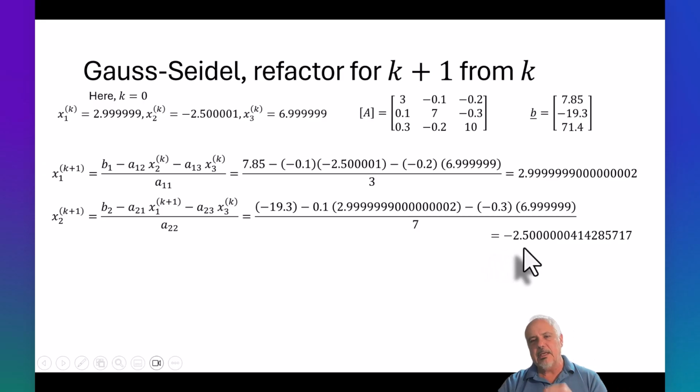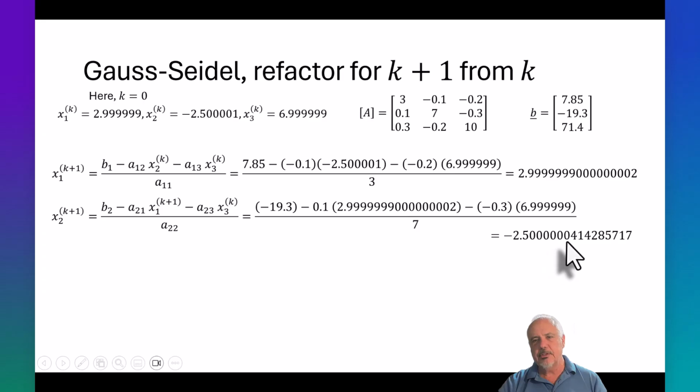So I get something that is a little bit bigger jump than what the x1 actually changed, but I am going towards the actual 2.5.